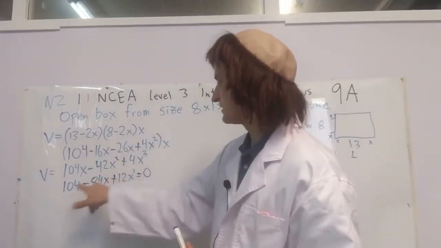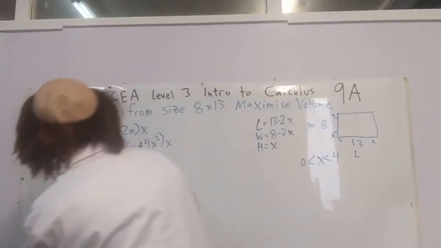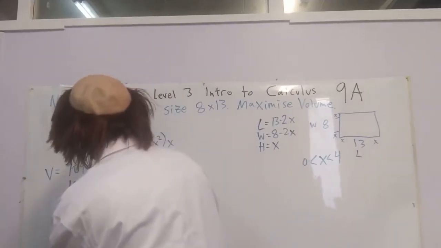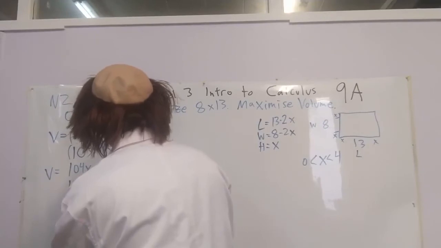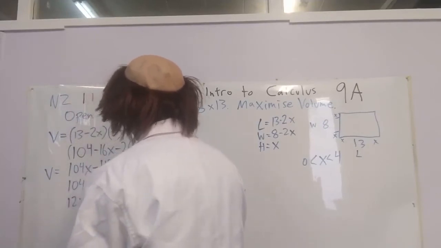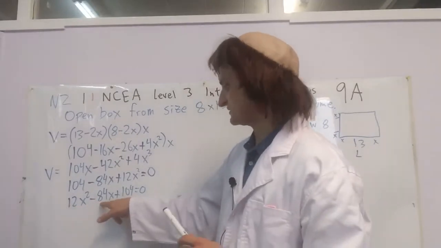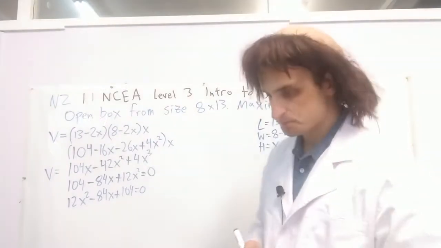I'll just plug each of these numbers in. So I'll rewrite this: 12x squared minus 84x plus 104 equals 0. A equals 12, B equals negative 84, C equals 104.